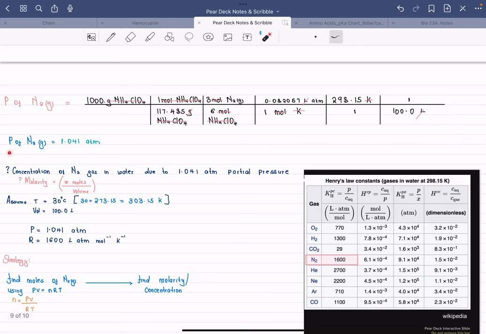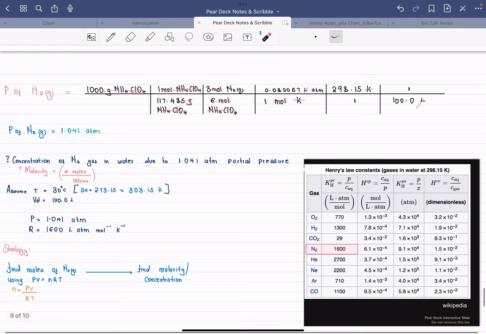And now using this pressure, the third part is to find the concentration of nitrogen gas in water if the 1.041 was its pressure. I interpreted this as the question asking me to find the molarity. And I know molarity is the number of moles divided by volume.